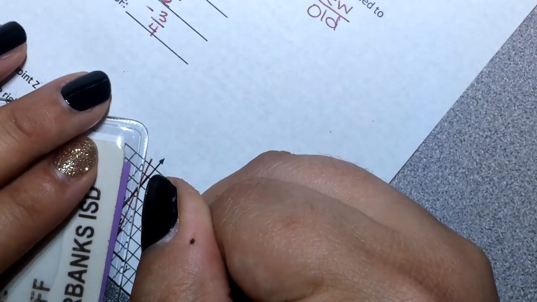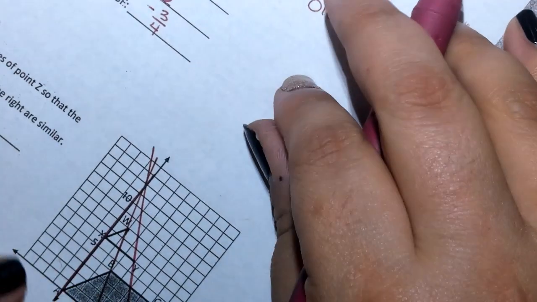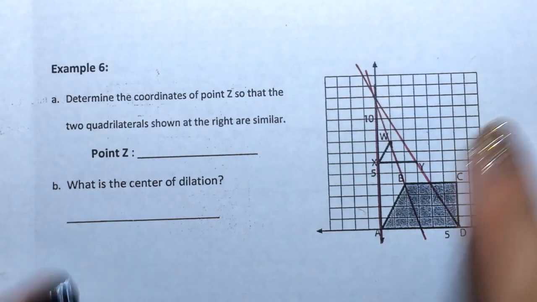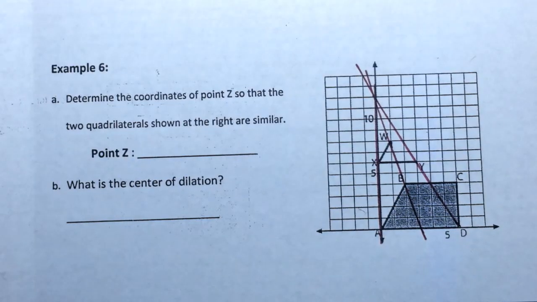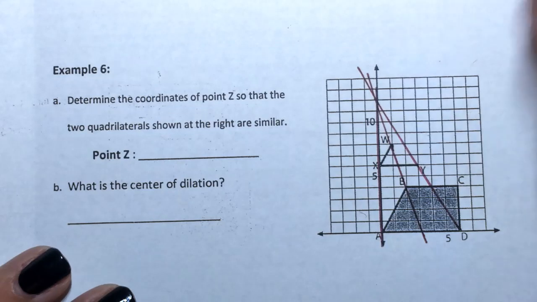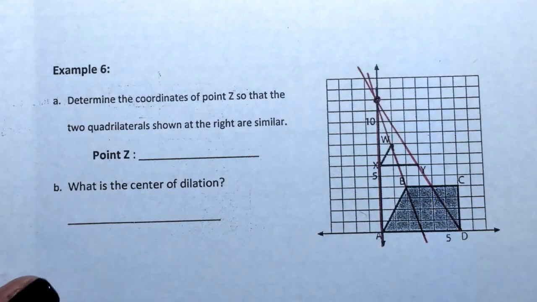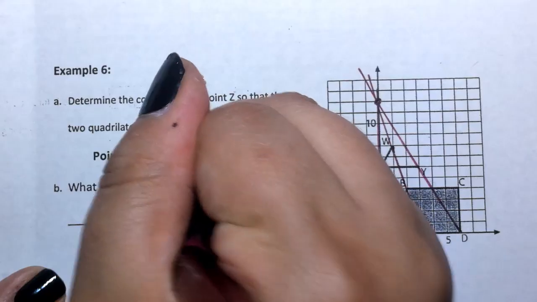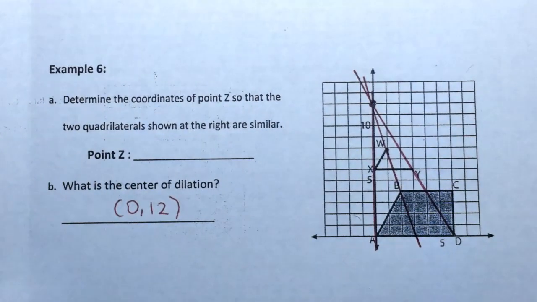Y. Connect D and Y. And then once we get the next one, you would also connect that. That is how you find center of dilation. Where do they all cross at? And what point is that? 0, 12. Does that make sense? Connect the ones that go together.